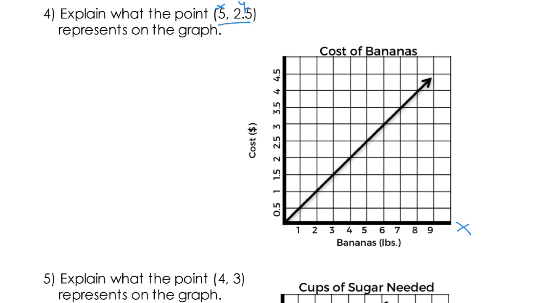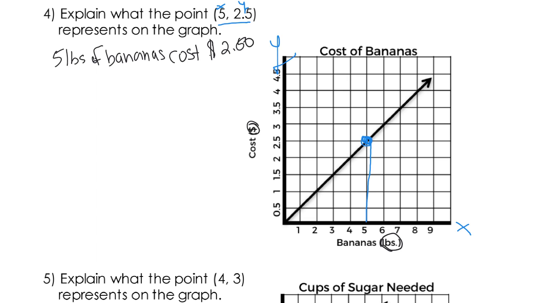So we go to 5, 2.5. What does that point mean? Let's write that in words. It means 5 pounds, and I know it's pounds because of down here, 5 pounds of bananas cost, and then cost in dollars, $2.50.